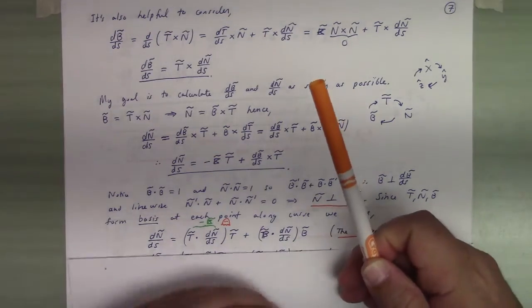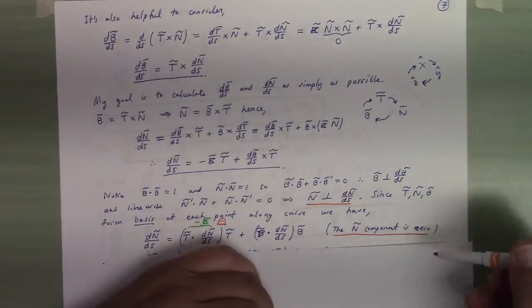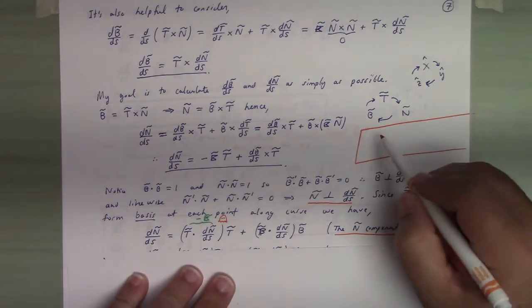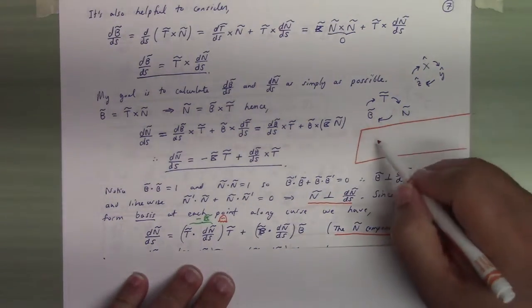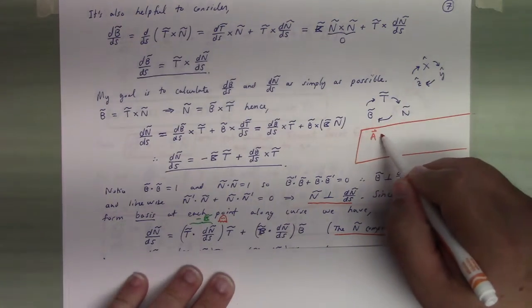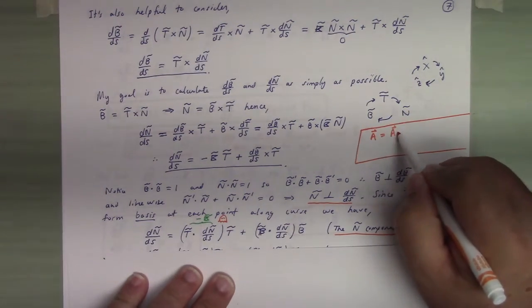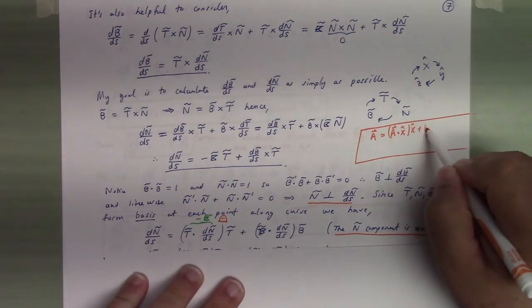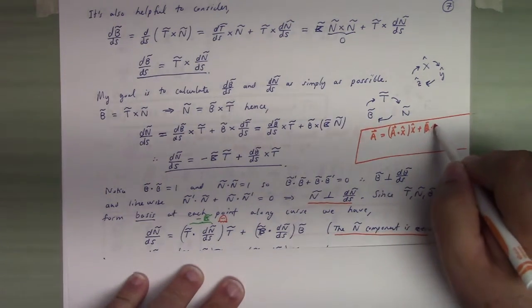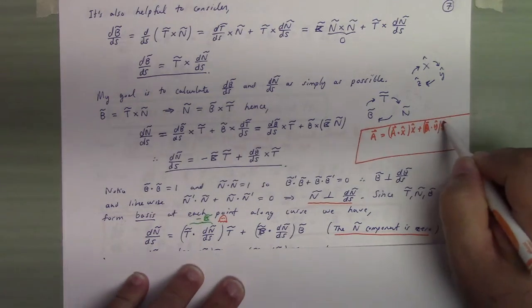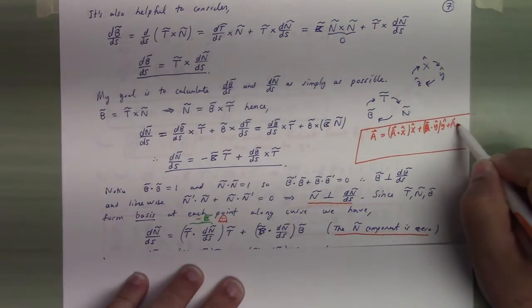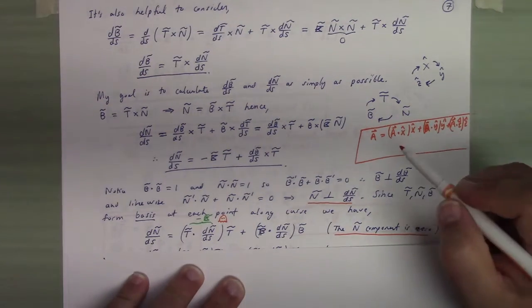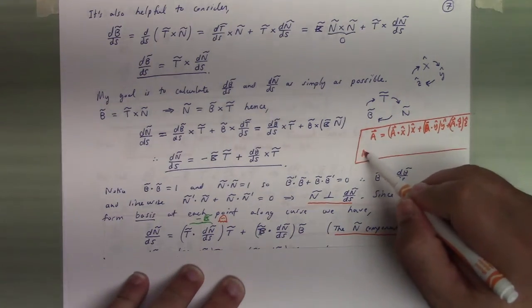Let me show you the logic behind these equations down here. In the same way that we can write any vector, let me use a, we could write a as a dot x hat, x hat, plus a dot y hat, y hat, plus a dot z hat, z hat. We can expand the vector like that. Well, t, n, and b are just the same.